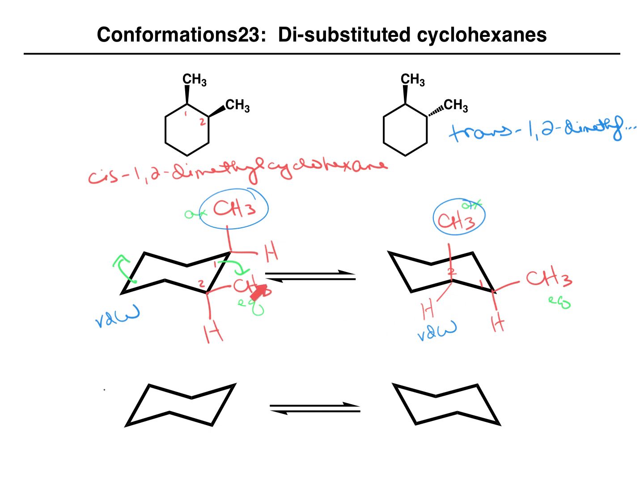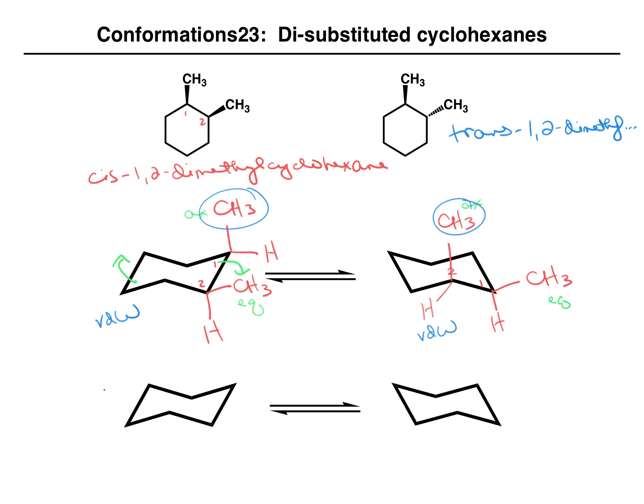And so the equilibrium lies right in the middle. So if we could take a snapshot, we would have half the molecules in this conformation and about half the molecules in this conformation. So the cis-1,2-dimethyl cyclohexanes, both chair conformations are equal energy.